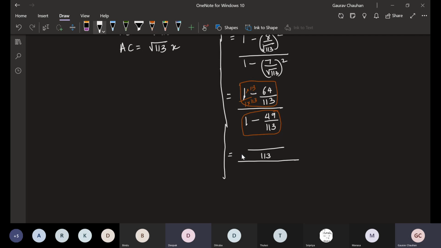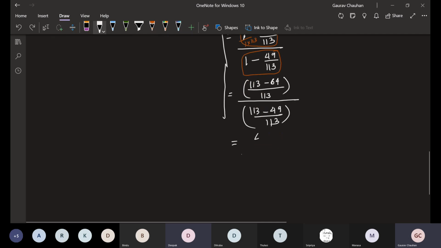What will come on the left side? 113 minus 64 by 113, and then 113 minus 49 by 113. Then we'll solve that. So we'll get 49 by 113 by 64 by 113.